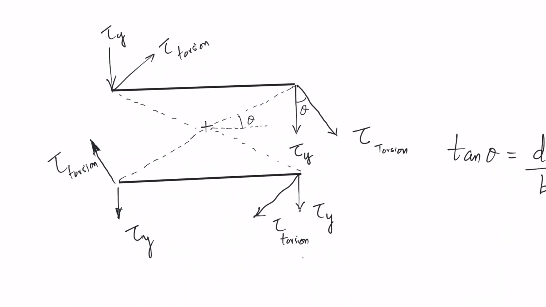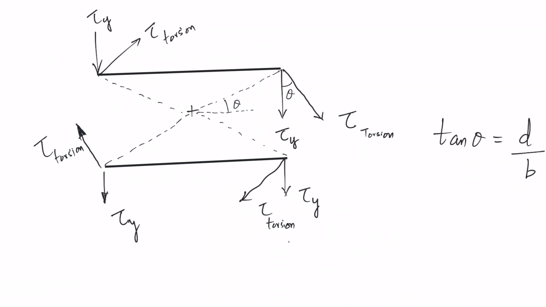Now, this is a very, very important slide. We had two things in the free body diagram, one shear force and one moment. Your shear force can cause a shear stress in the y direction as shown over here, tau y, tau y, tau y. Now your torsional moment can cause a torsion at all these points.